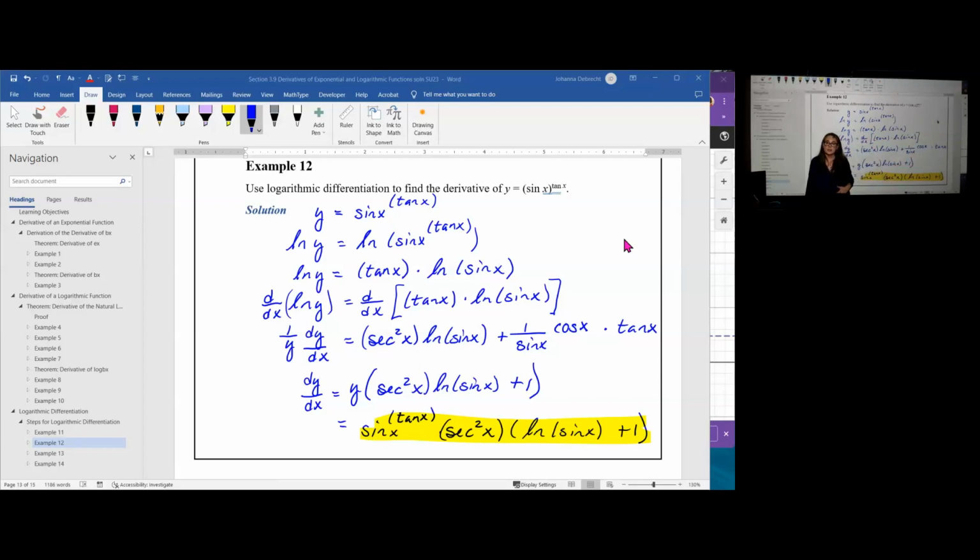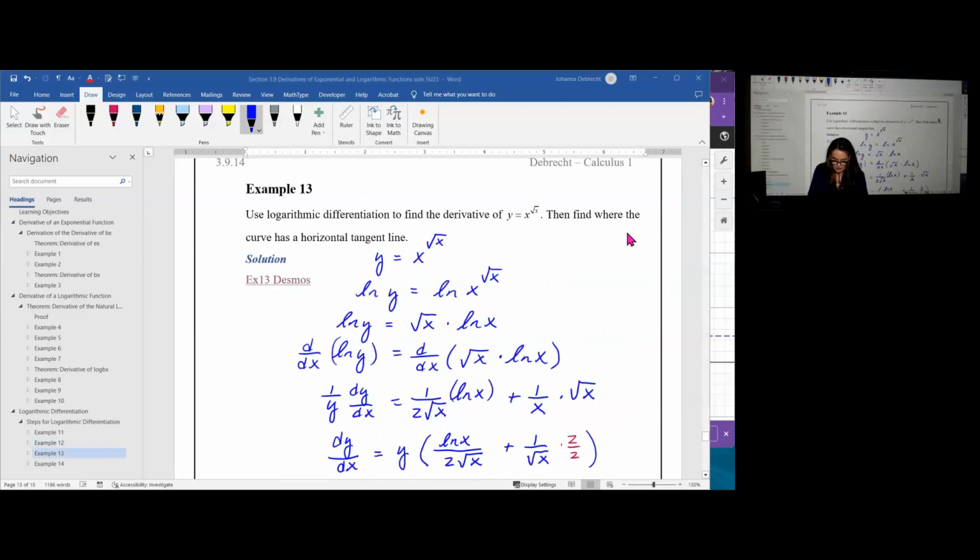Cotangent and tangent are reciprocals, so their product gives me a 1. I can then move the y to the right side and replace it with the original function, sine x to the tangent x power times secant squared of x times the quantity natural log of sine x plus 1.